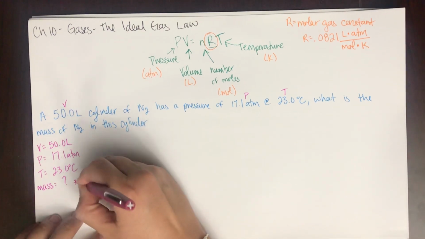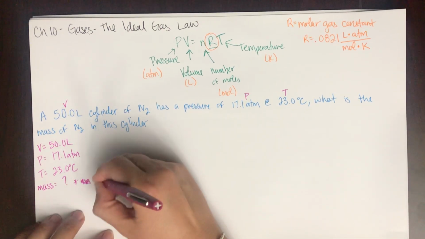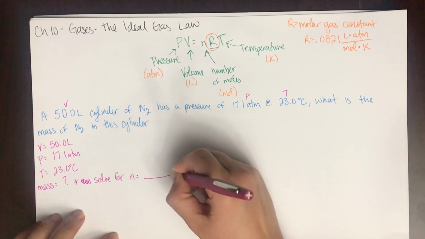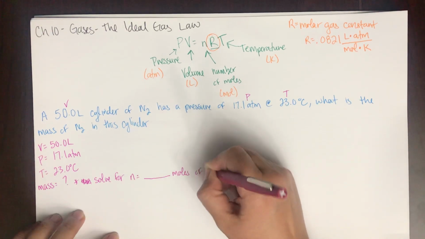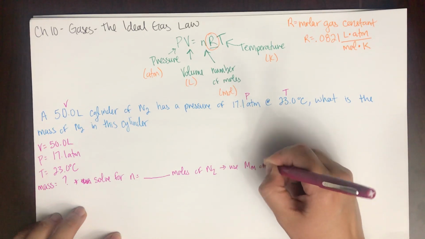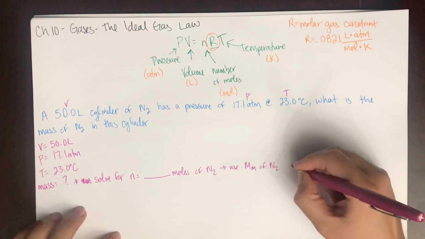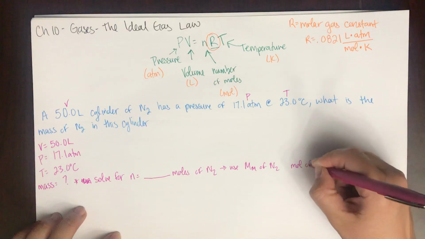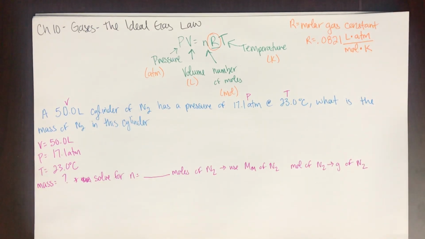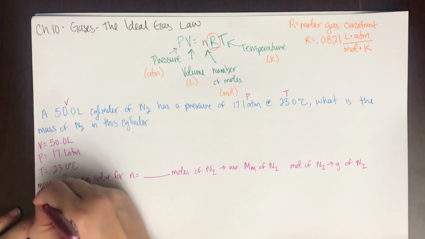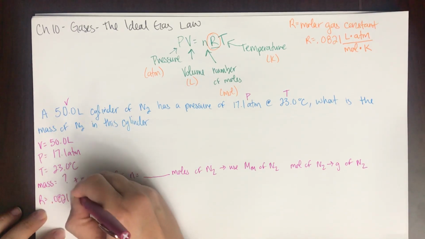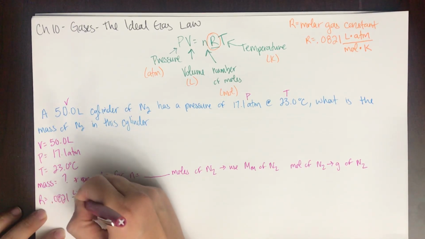So I'm going to solve for n, which is going to be moles of nitrogen, and then I'll use the molar mass of nitrogen to convert moles of nitrogen to grams of nitrogen. To do this, because I'm using the ideal gas law, I'm going to need to use R, which is 0.0821 liter atmospheres per mole Kelvin.